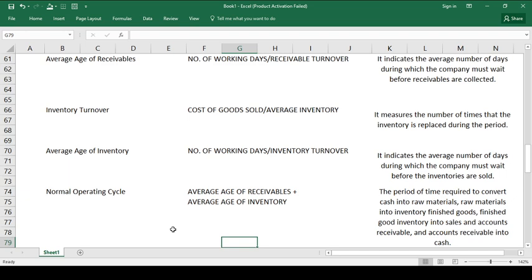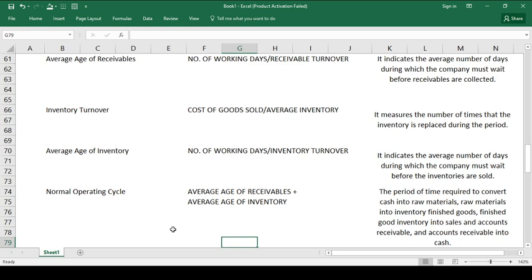In short, the normal operating cycle is from inventory to sale to collection. That is the number of days when can inventory be converted again into cash. Yun po yung ibig sabihin, from cash to cash.